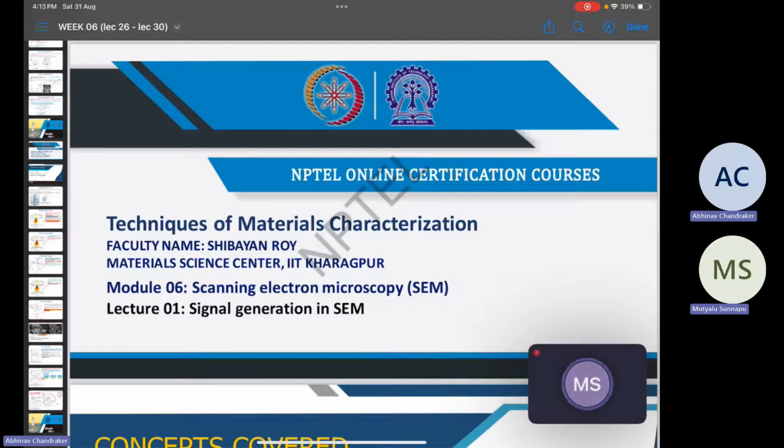The main professor is Shubham Roy, right? Yes, he is at IIT Kharagpur. That was my doubt, because whenever I applied, the fee details and everything were sent to the metallurgical and materials engineering department for Professor Shubham Roy, for the course Techniques of Material Characterization.